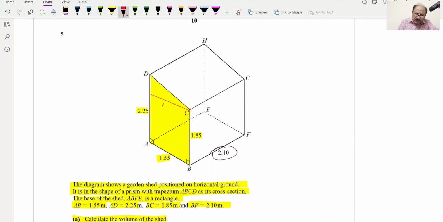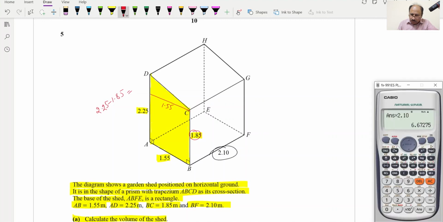So this side is 1.55 and this side is 1.85, so this remaining side will be 2.25 minus 1.85, which is equal to 0.4.